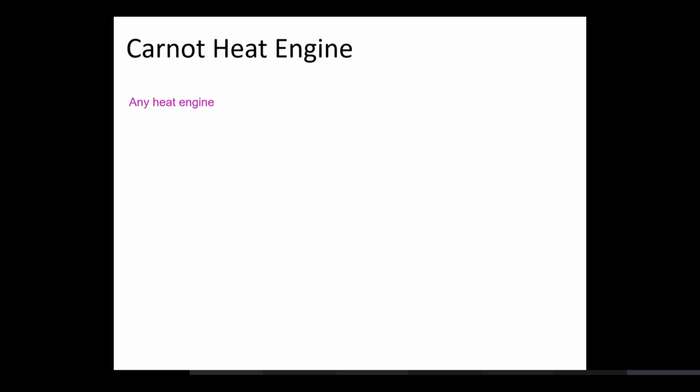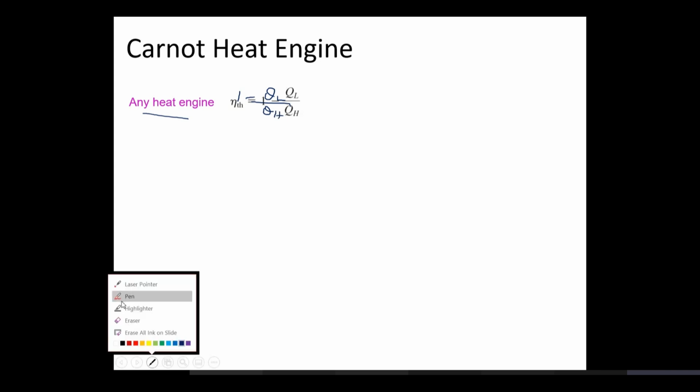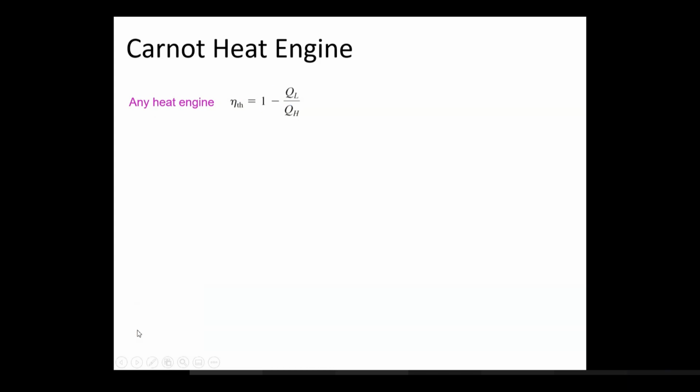Any heat engine has an efficiency of 1 minus QL over QH. This is the efficiency of any heat engine, whether reversible or not. For a Carnot heat engine, which provides the upper limit, that is the reversible heat engine, the efficiency is 1 minus TL over TH.